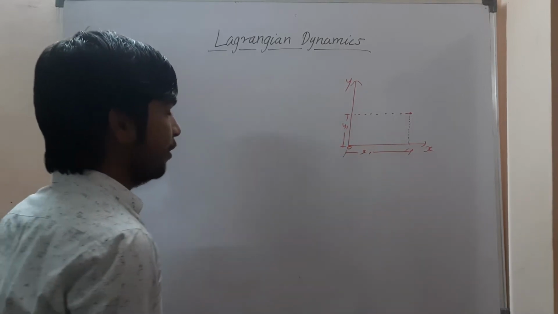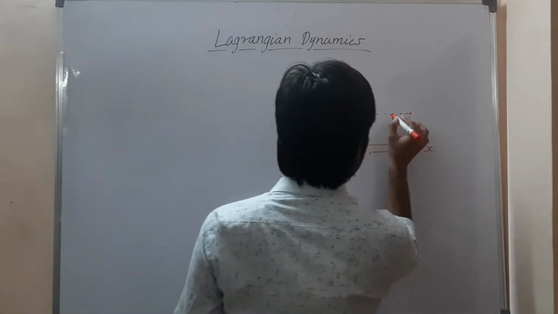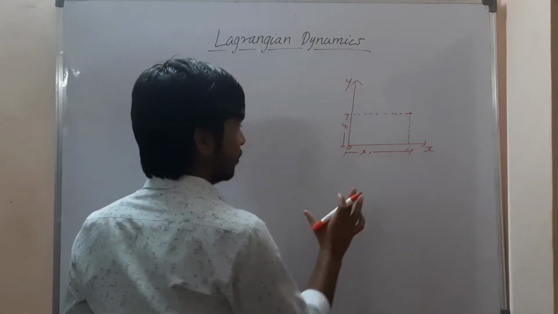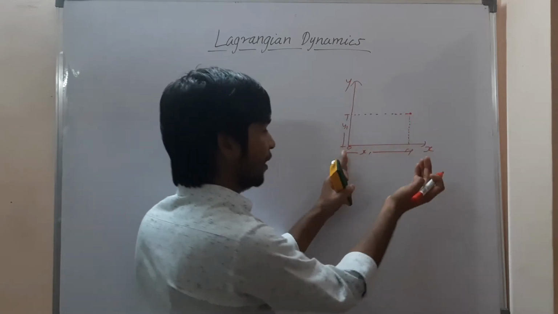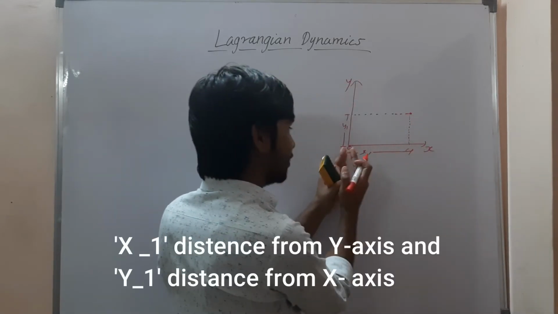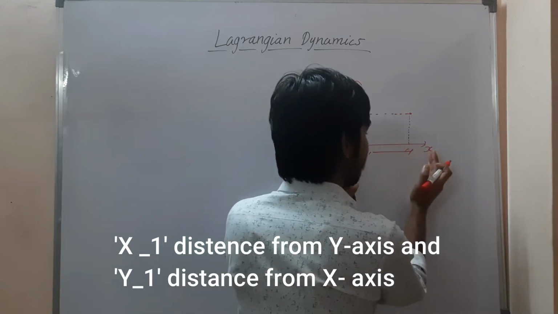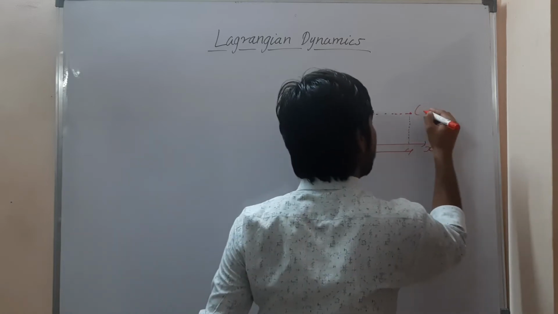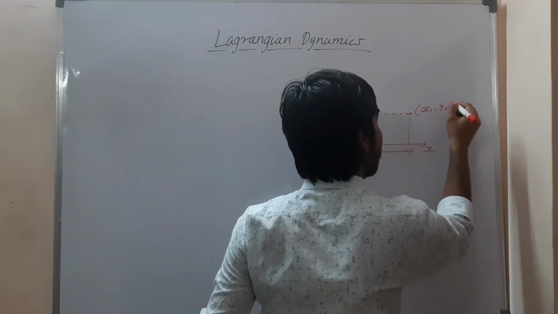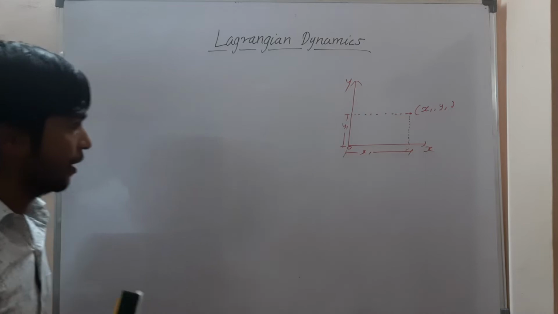So I can show the position of the particle on this rectangular coordinate as an x distance along the x axis and a y1 distance along the y1 axis. For showing that, I can write x1 and y1. This is the position of the particle.